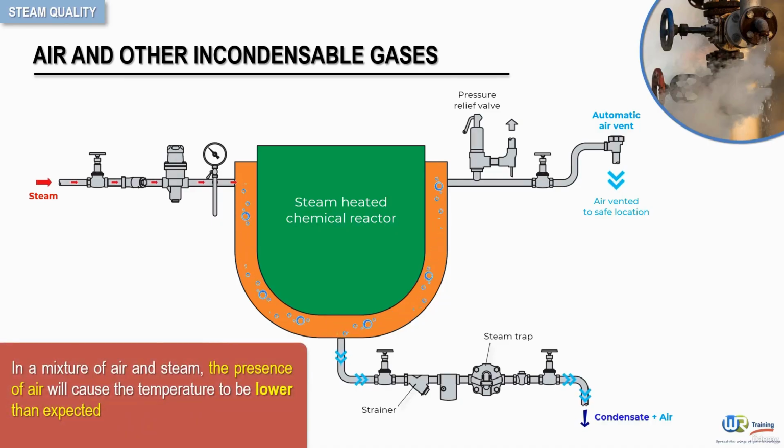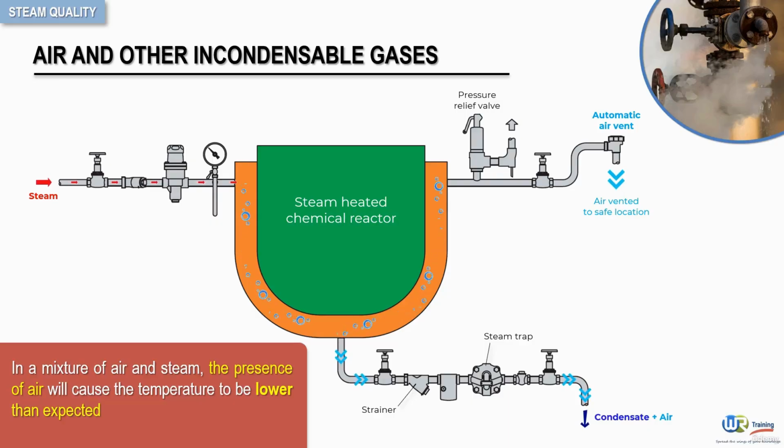To better illustrate this important concept, it is important to recall that the total pressure of a mixture of gases is made up of the sum of the partial pressures of the components in the mixture. This is known as Dalton's law of partial pressures. The partial pressure is the pressure exerted by each component if it occupied the same volume as the mixture.